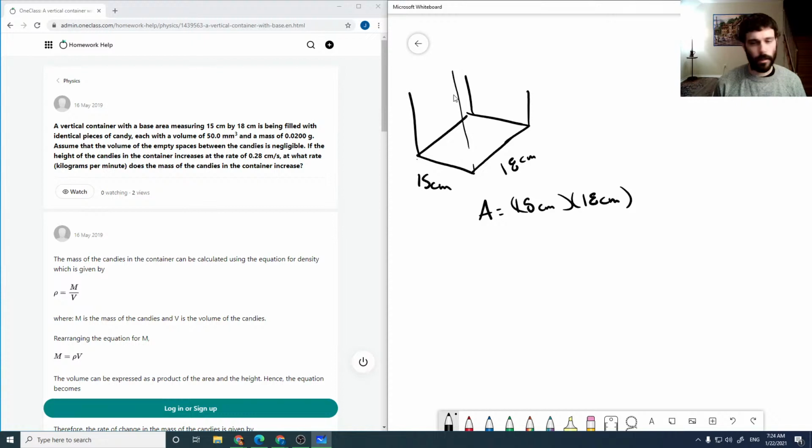Each candy has a volume of 50 millimeters cubed and a mass of 0.02. And now we're going to assume that the volume of the empty space between the candies is negligible.